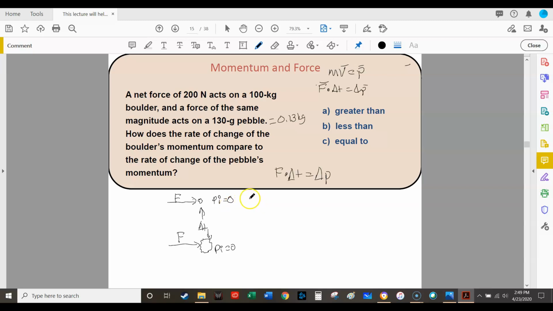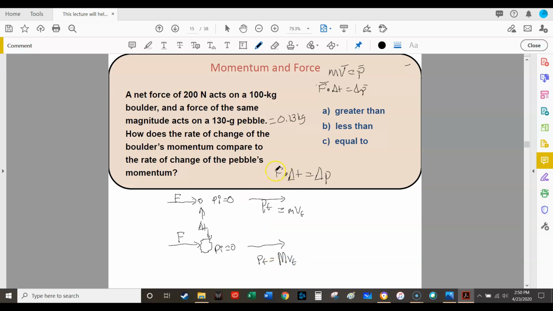But after that force is applied, they're going to have a final momentum, right? And this guy's final momentum is its itty-bitty mass times its velocity, okay? And this guy's final momentum is going to be its large mass times its final velocity, right?